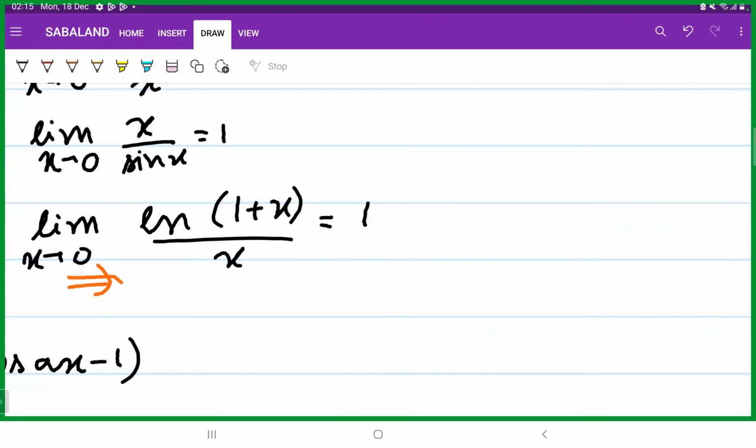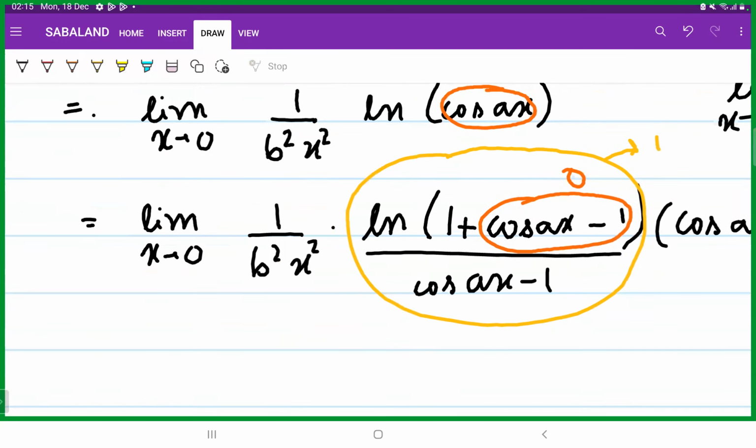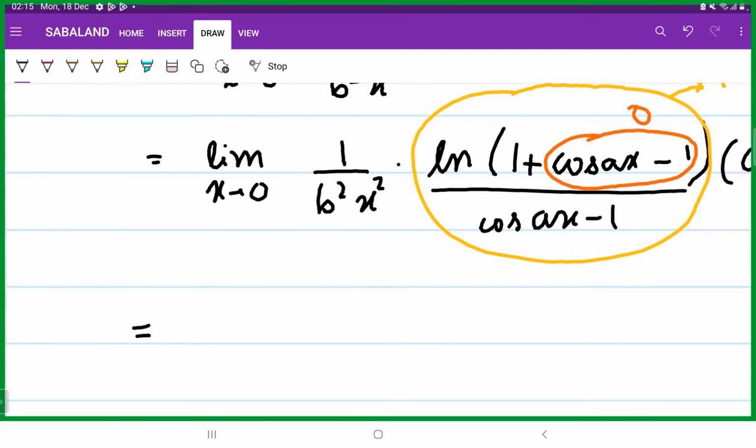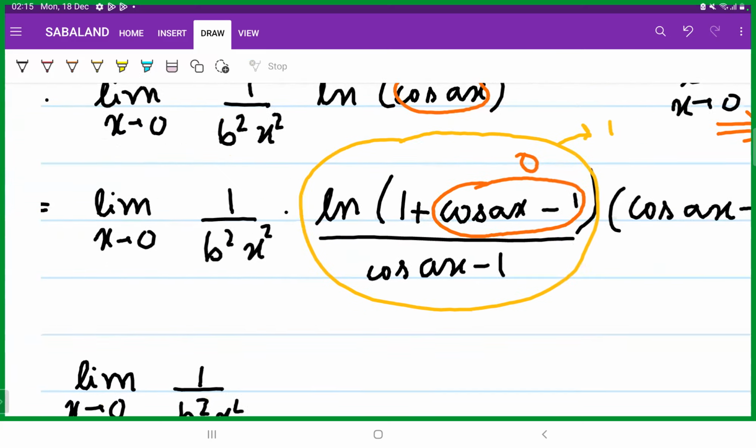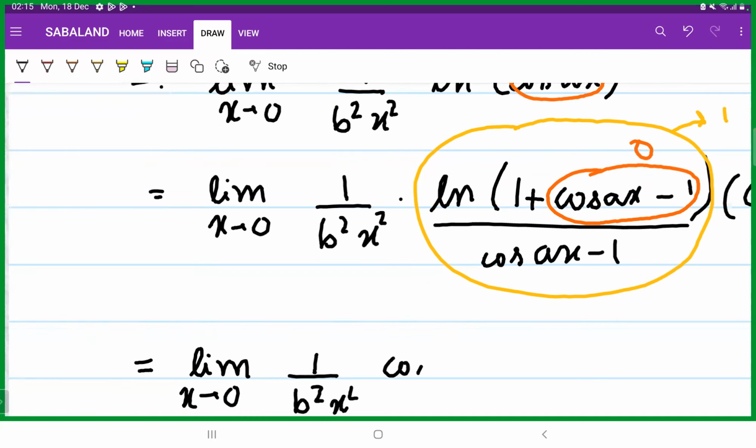Because of this property right here. So this is what we are left with. Limit x tends to 0, 1 by b square x square, cos ax minus 1, cos ax minus 1.